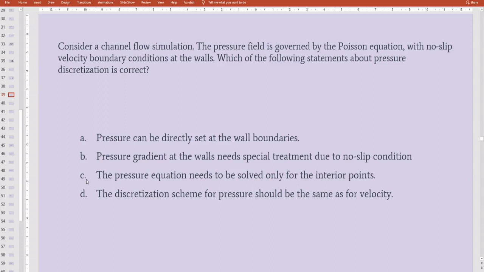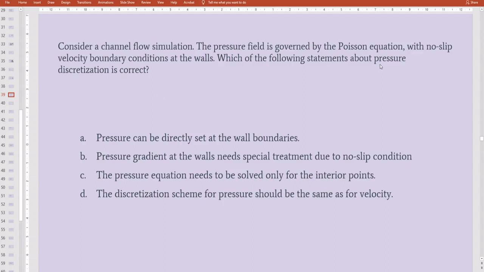Next question. Consider a channel flow simulation, so the flow is happening inside a channel. The pressure field is governed by the Poisson equation with a no-slip velocity boundary condition at walls. Which of the following statements about pressure discretization is correct?